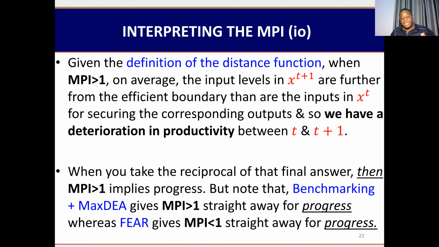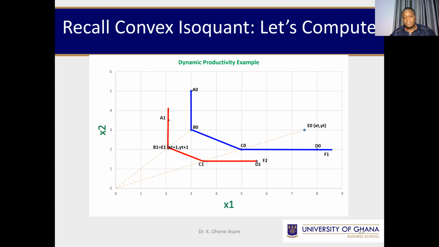Of course, in R, you can just command 1 over the answer, and all the scores will give you greater than 1 for the meaningful, sensible way of interpreting the Malmquist. That way, greater than 1 becomes progress, less than 1 becomes regress. I will do this with you every step of the way, both hand computation and software computation. All right.